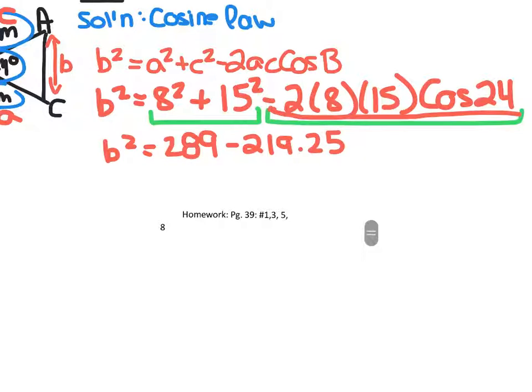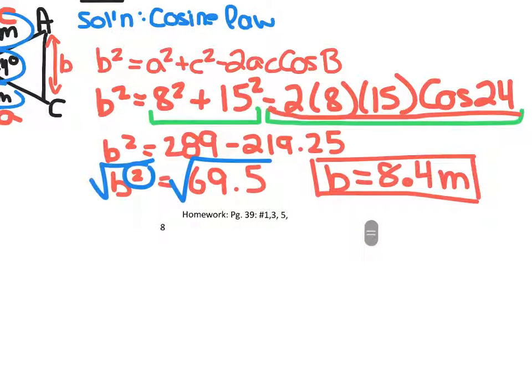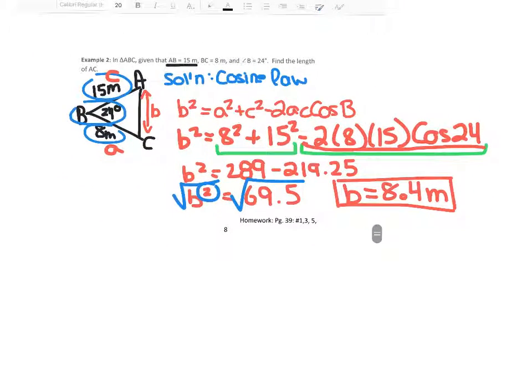I would collect those like terms, and you get a value of 69.5. But again, note that there's a square on the b, so we have to square root both those terms, and we find out the value of b, if we round to 1 decimal place, is 8.4. I believe we're working with meters in this situation, so 8.4 meters is your final answer. And that was to solve a given triangle.